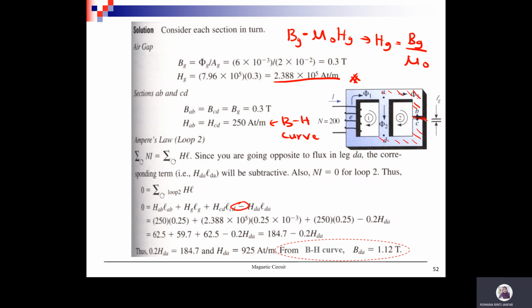But now you have the value of H, so you can find the value of B. With H equal to 925, refer to the BH curve, you will get BDA equal to 1.12 Tesla.